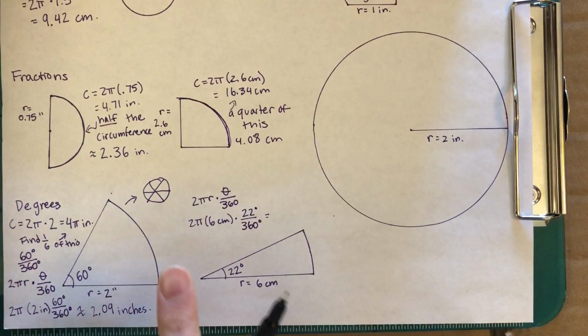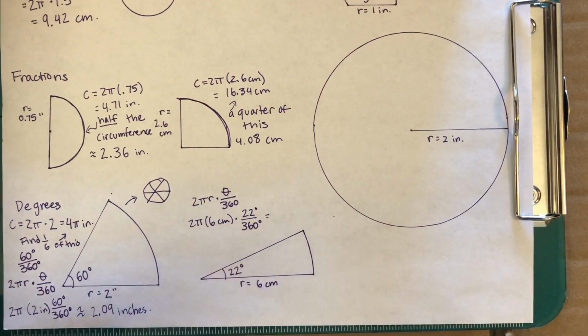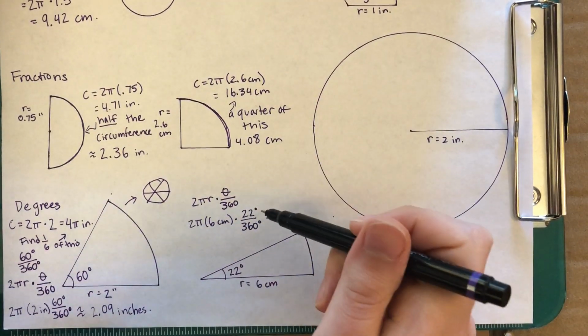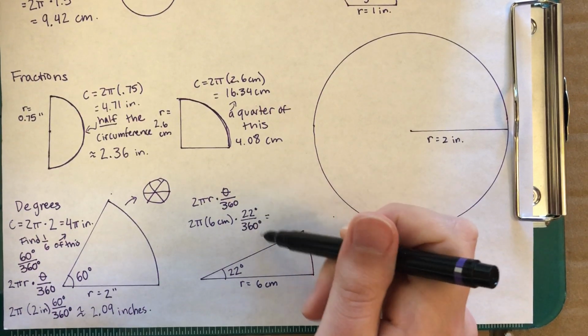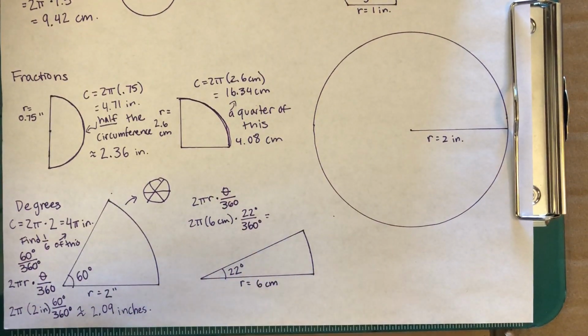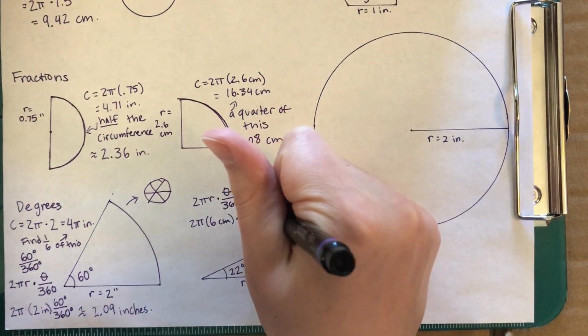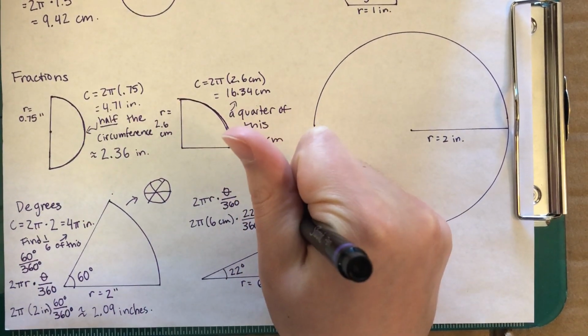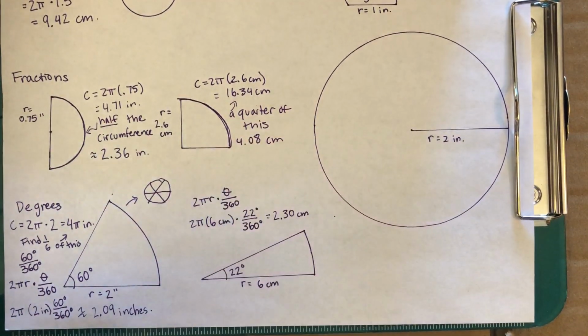So I'm basically still finding the circumference and then multiplying it by what fraction of the circle is included here. So we have 2 pi times 6 times 22 over 360, and we get 2.30 centimeters.